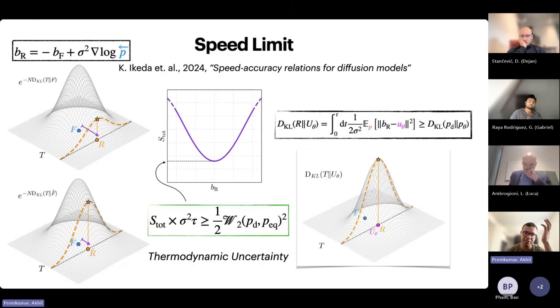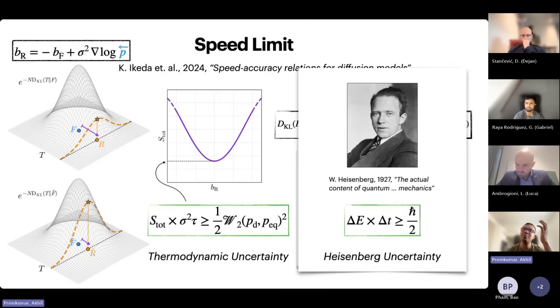It's called thermodynamic uncertainty, because sigma squared S dot has the dimensions of energy. It's actually a free energy difference. And energy times time greater than some constant is famously something that appears in quantum mechanics as the Heisenberg uncertainty principle.